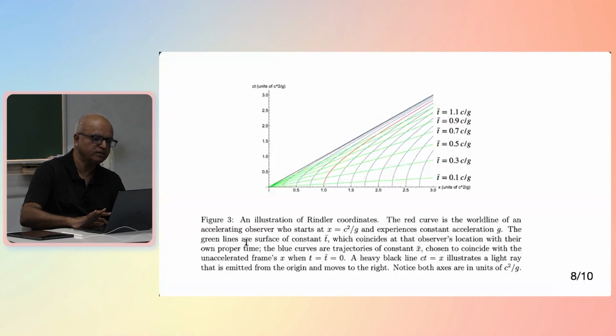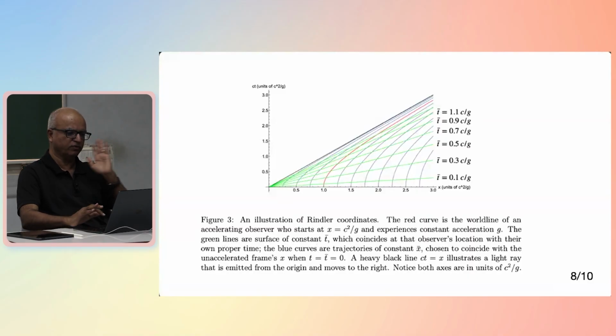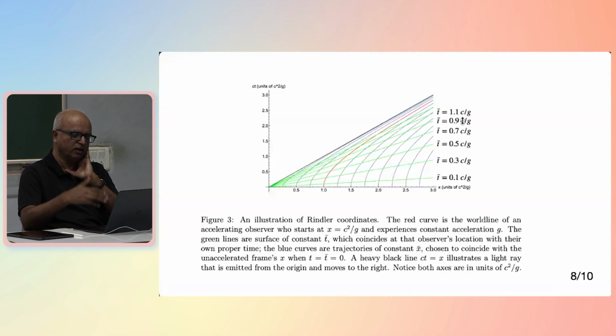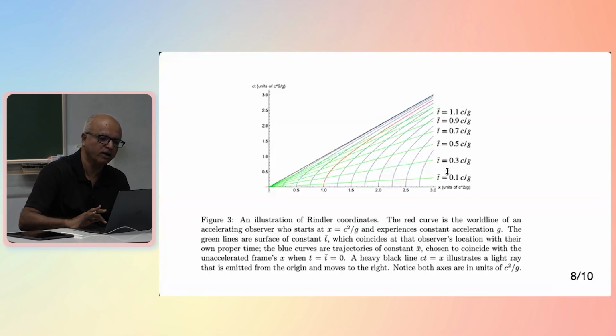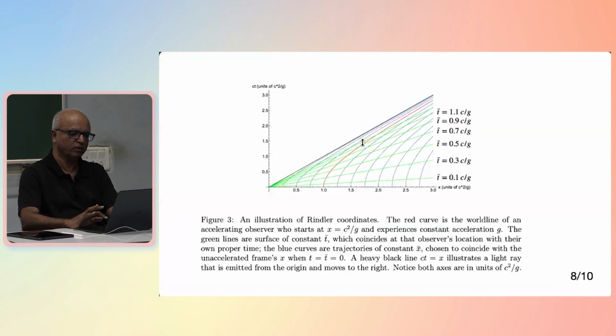The green lines are surfaces of constant t bar, the same that we talked about, which coincide at that observer's location with their own proper time. These are lines of constant t bar, the time in the MCRF, same as the proper time. So, different t bar values intersect this line at different proper times.